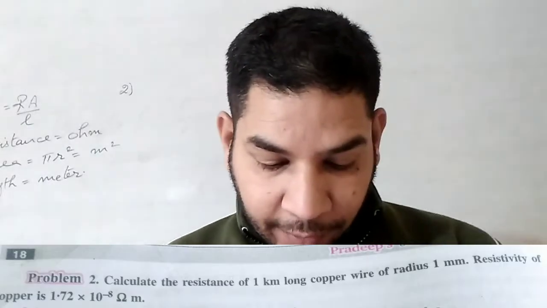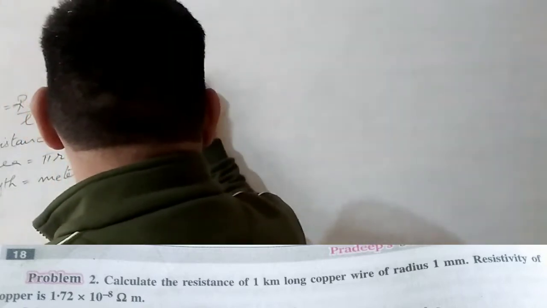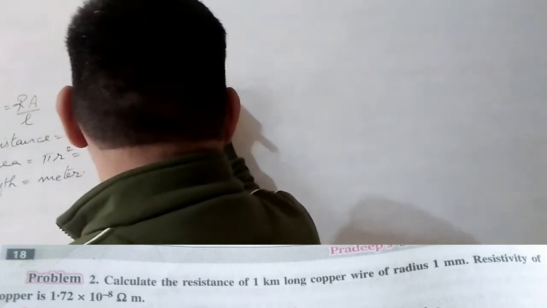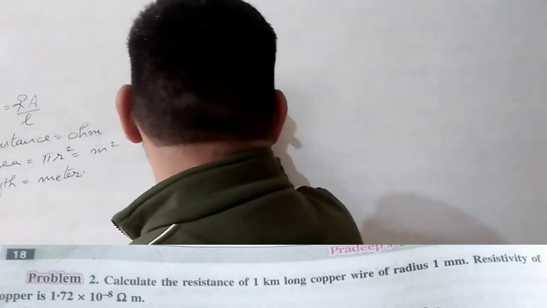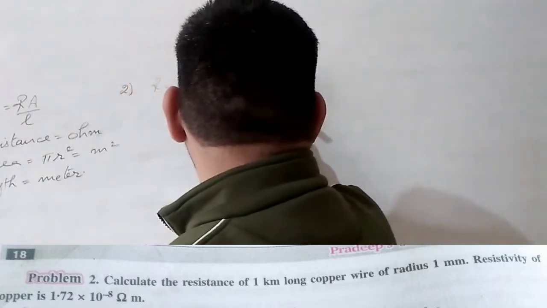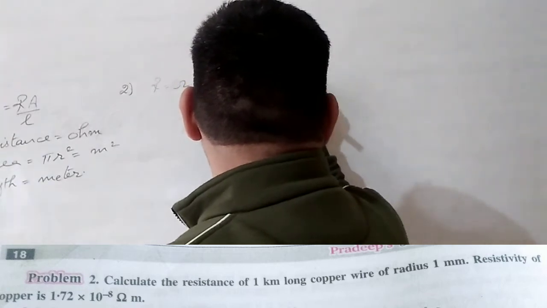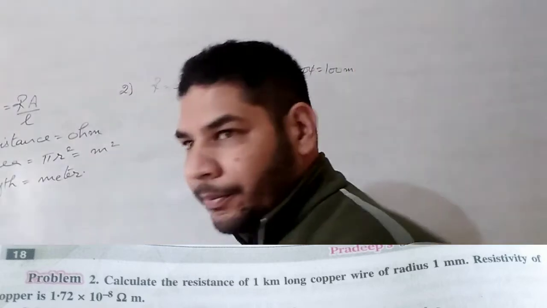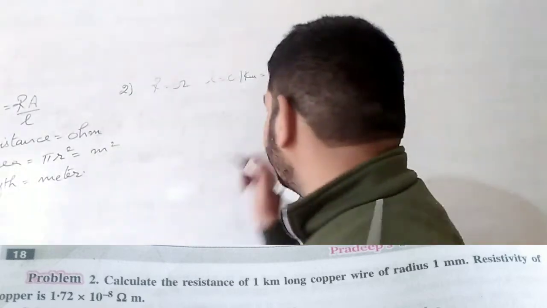Find the resistance of a 1 kilometer long wire. We have to find R. Length is 0.1 kilometer, which is 0.1 into 1000, that is 100 meter. The radius of the wire is 0.5 mm.